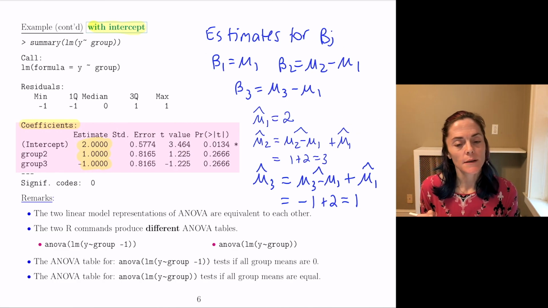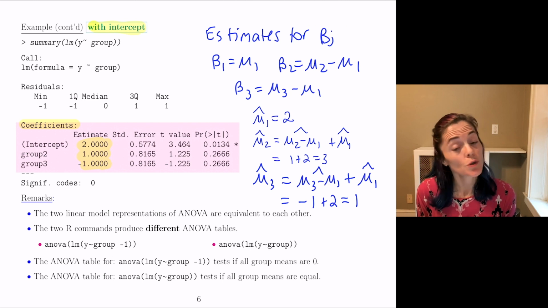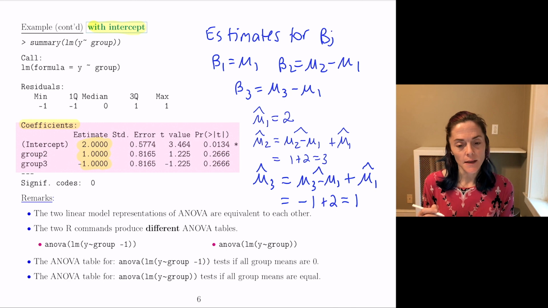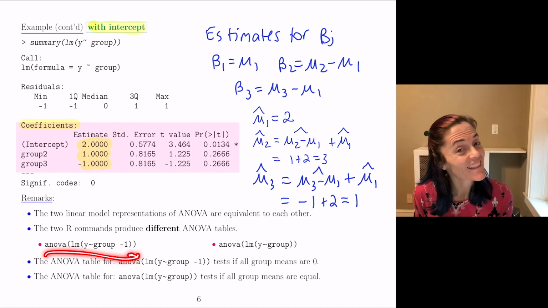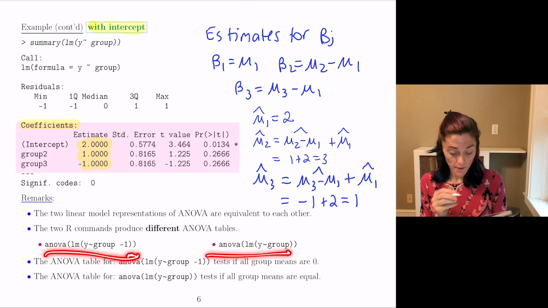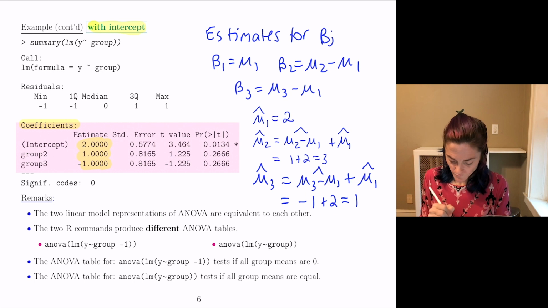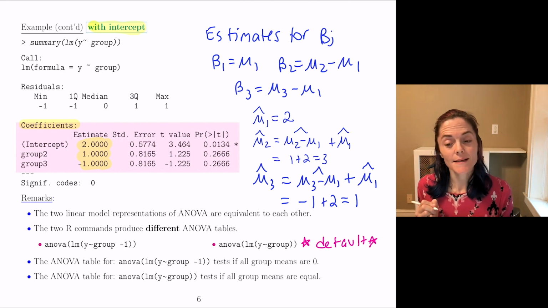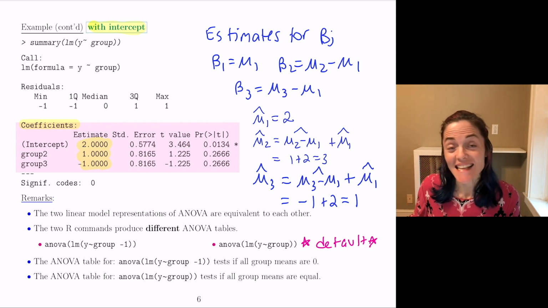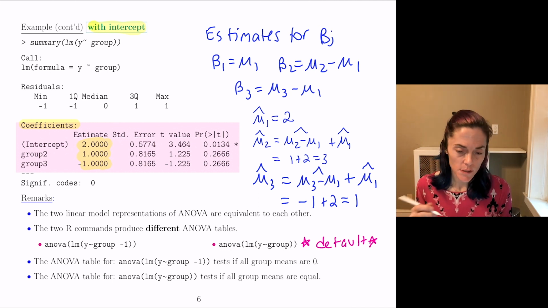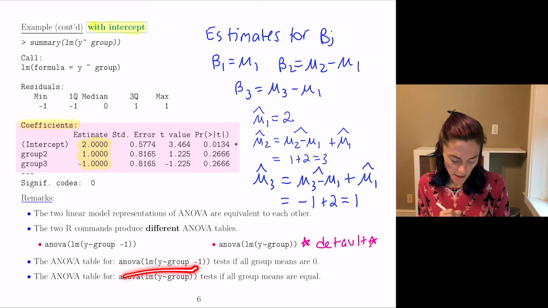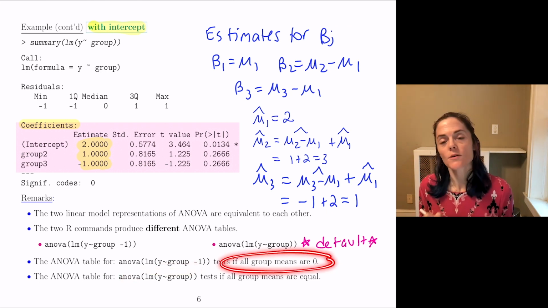So some remarks here. The two linear models for the ANOVA are equivalent to each other. However, the R commands, which would be this one without the intercept, this one is the default with the intercept. This is the one of the last lesson. They produce different ANOVA tables. So without the intercept, it is testing if all group means are 0.